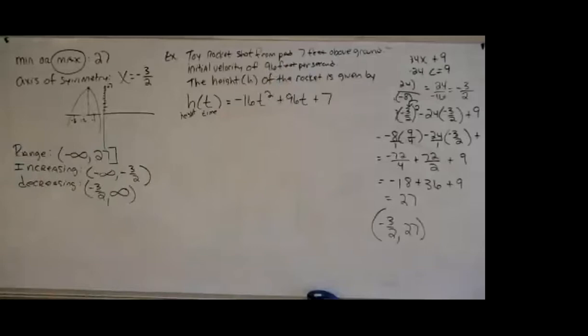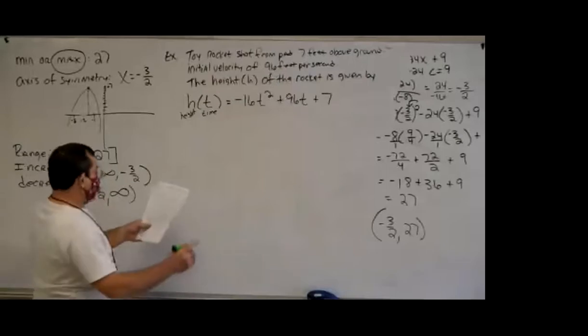I asked y'all a while ago, didn't I? When you throw something up, what force is there? Gravity. So the negative 16t squared is the gravity pulling on that rocket. So they want to know, when does the rocket reach maximum height?